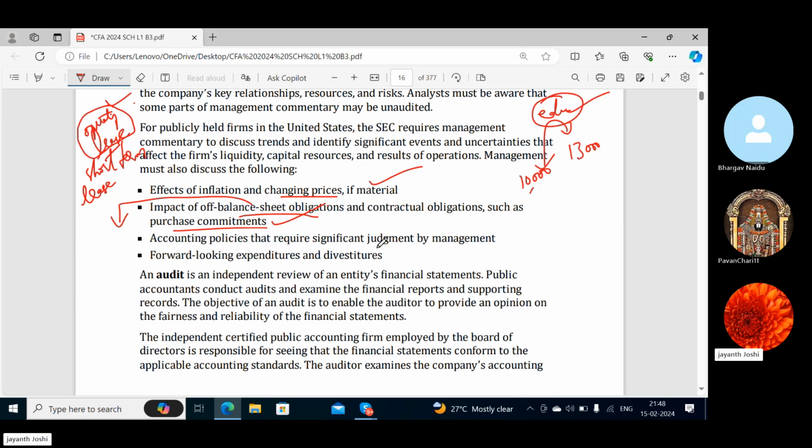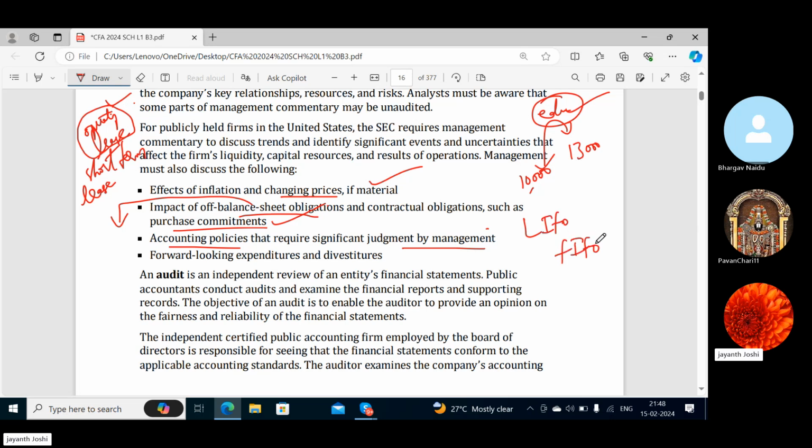Accounting policies that require significant judgment by management. See, there are certain accounting policies where the company's accountants may want to make changes, like changing the valuation method of inventory from LIFO to FIFO.